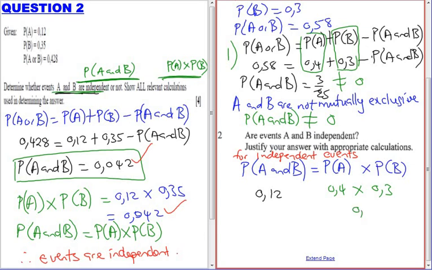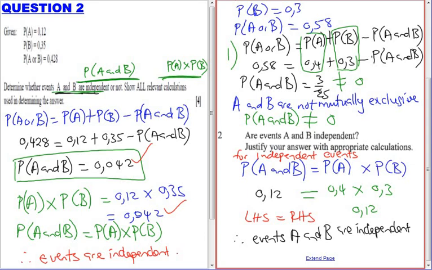So these two are equal. Because the left-hand side is equal to the right-hand side, which means the probability of A and B is equal to the probability of A times the probability of B, therefore events A and B are independent. Okay? I hope you're following.